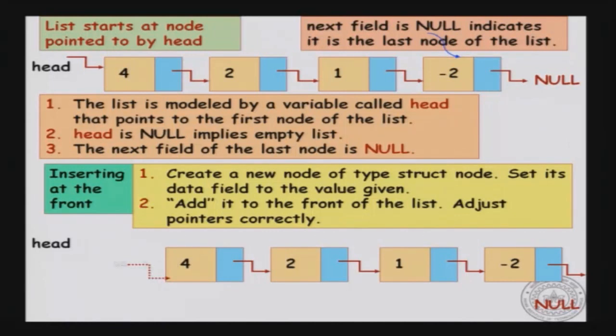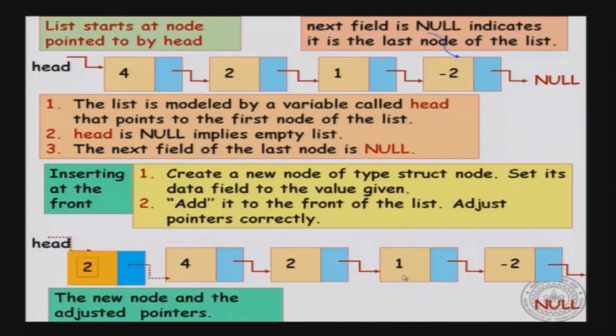Suppose that the head is now pointing to 4 and the list is 4 to 1 to 2, and you want to add a new node. The data field of the new node is 2. Now, how do you add? You do two operations. First, you say that the new node's next is the first node in the old list.